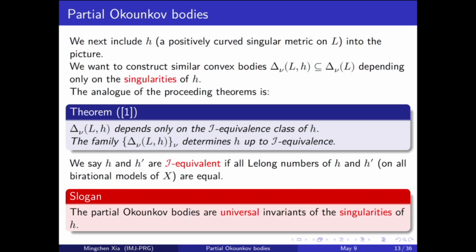I also need to mention that although this theorem concerns the singularities of h instead of telling you anything about the line bundle L, in fact, our theorem implies both the theorem of Lazarsfeld and Mustață and the theorem of Zhou mentioned previously.